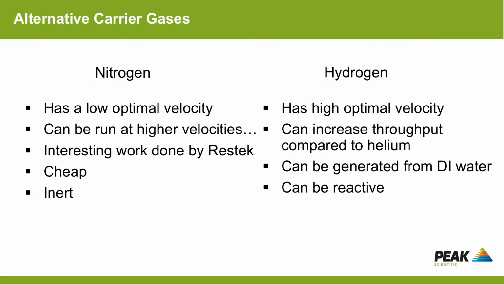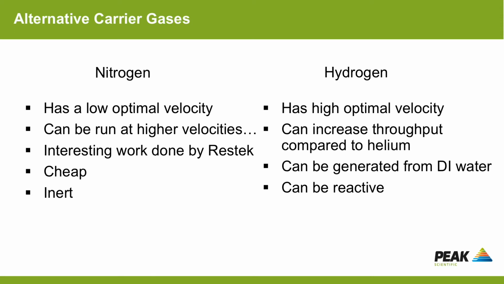To start with, nitrogen has a low optimal velocity, which means that if you run at higher velocities, you can lose some peak resolution, so you can end up with poorer quality of chromatography. Now, it's not always the case, and there has been some very interesting work done by Restec where they've looked at equivalent analysis times by changing the column but using nitrogen instead of helium.